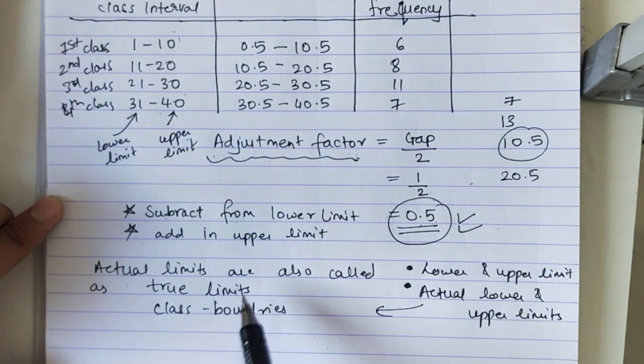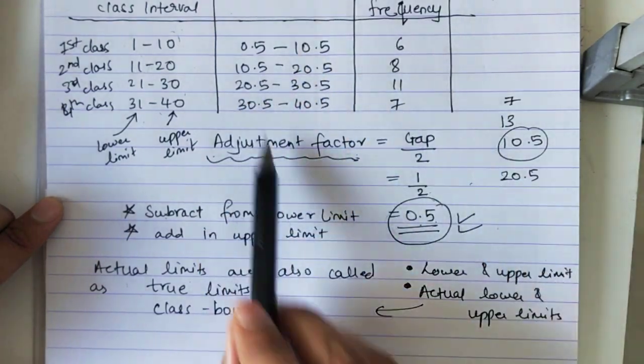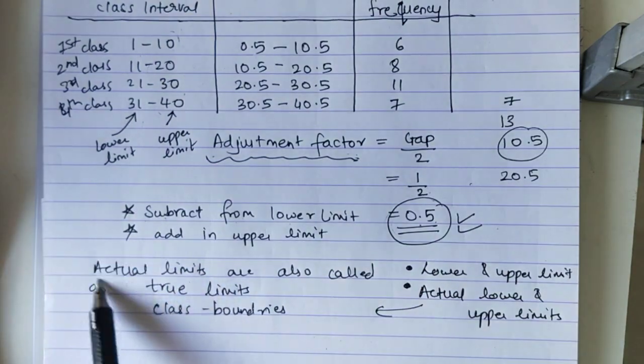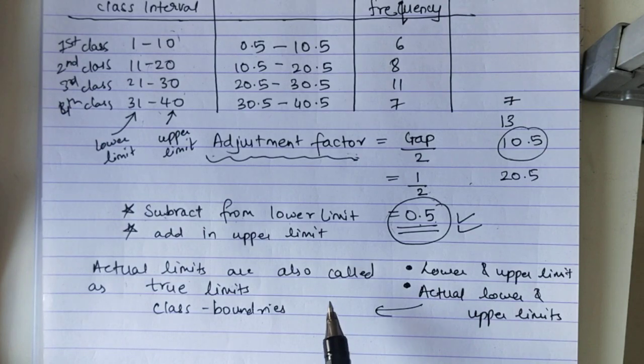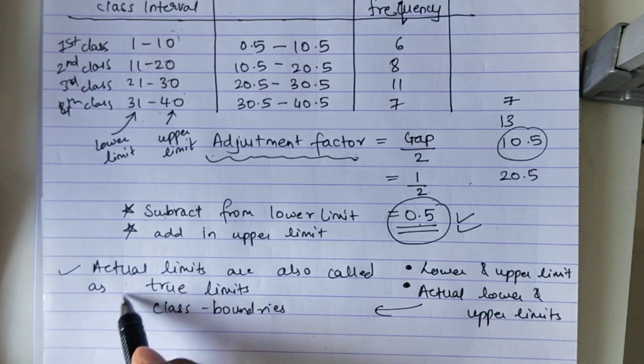Understood? So sometimes they may ask for class boundaries. What are class boundaries? These are class boundaries. Just the name is different. So actual limits are also called true limits or class boundaries. Remember these alternate names.